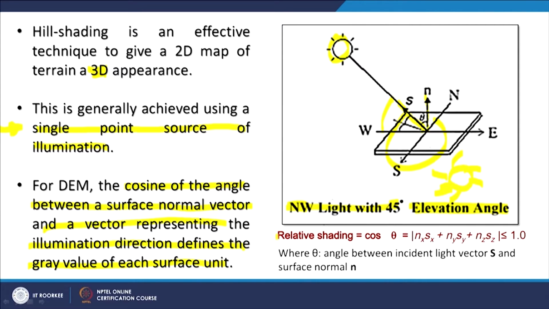So here the relative shading is decided based on cos theta, where theta is the angle between the incident light vector S and the surface normal n.